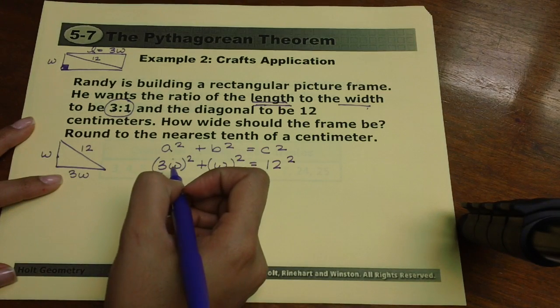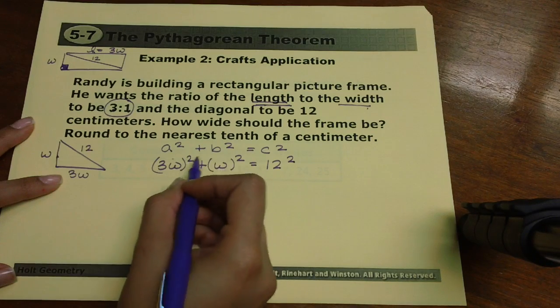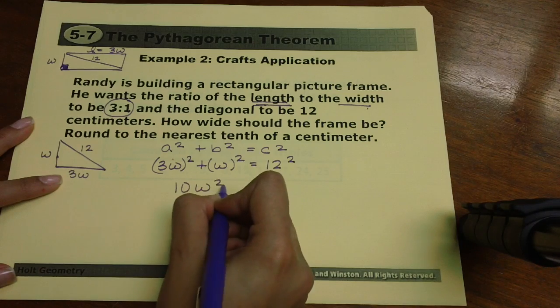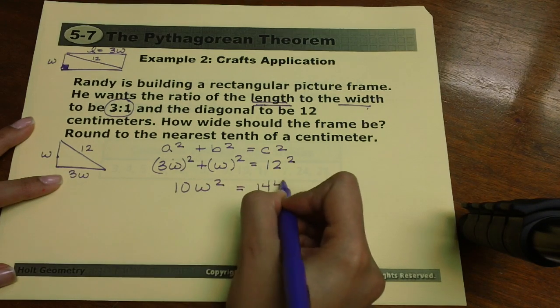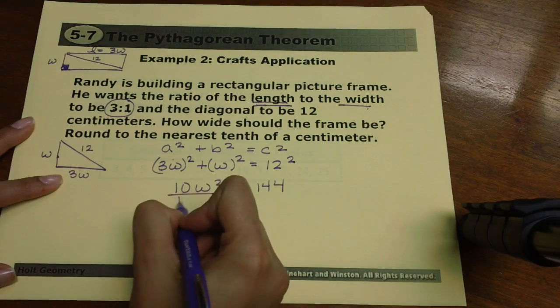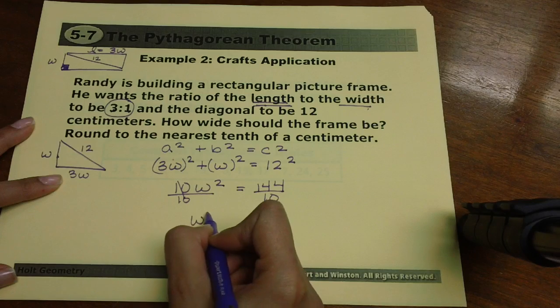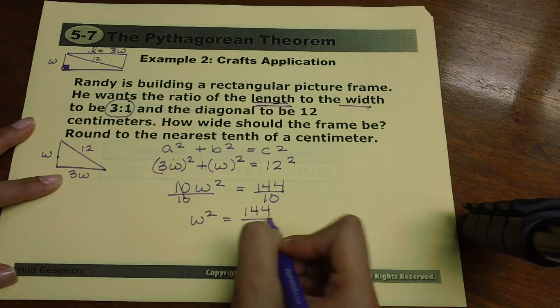3W squared plus the W squared is going to be, so this is 9W squared plus 1 more W squared, gives you 10W squared equals 12 squared is 144. Divide both sides by 10. I get W squared equals 144 over 10.